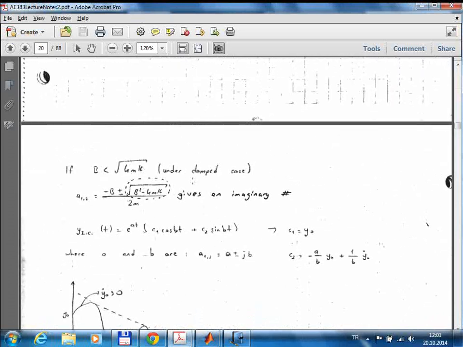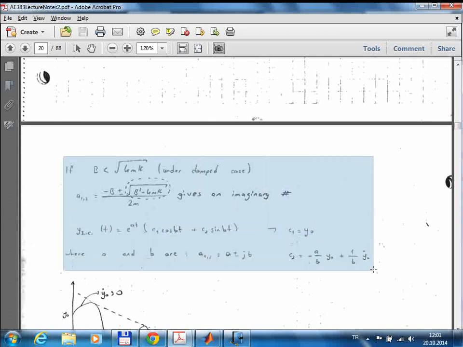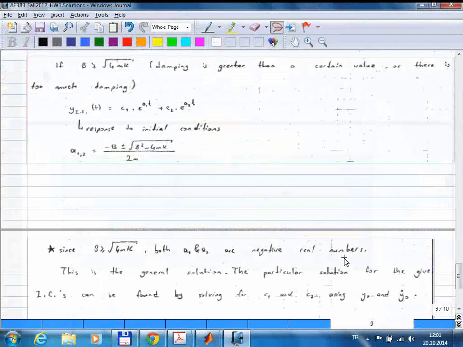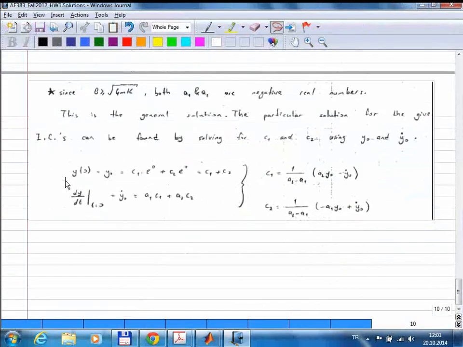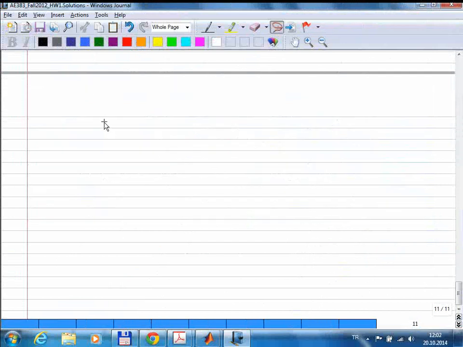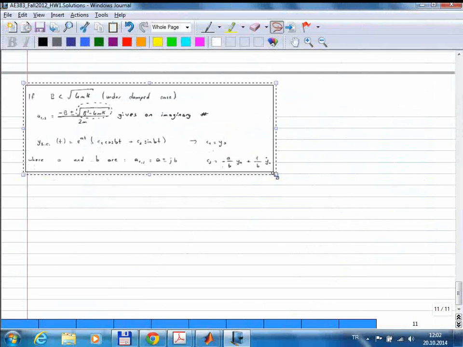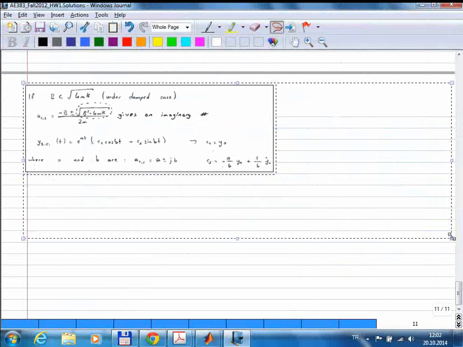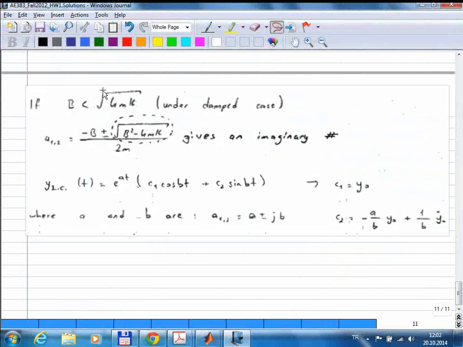Now let's see what happens if that condition is not satisfied. If that condition is not satisfied, and the damper constant is smaller than this critical value, then the response will be different.